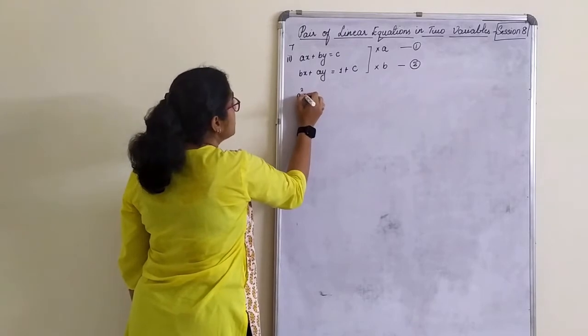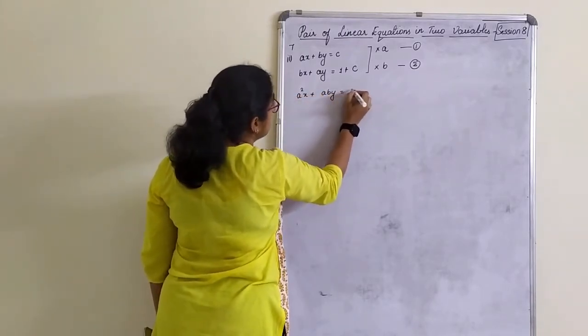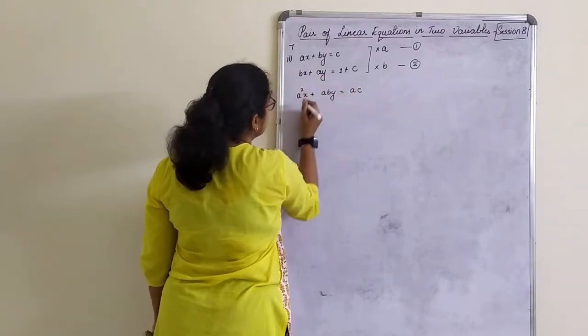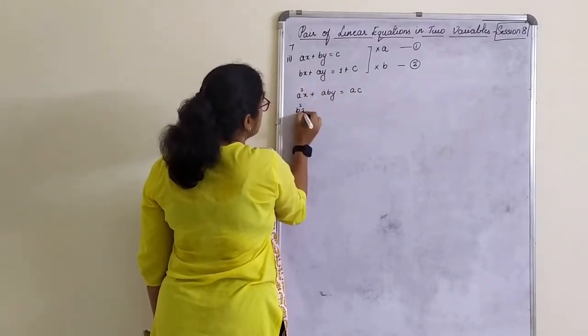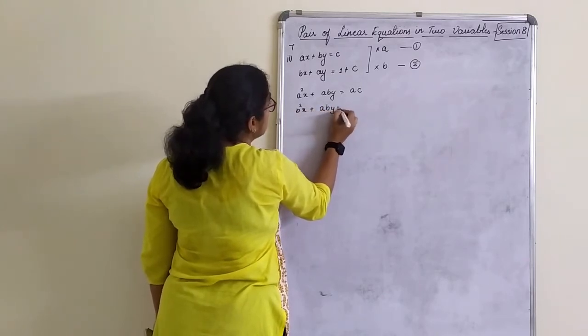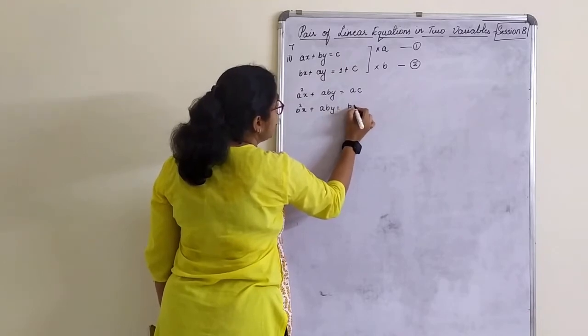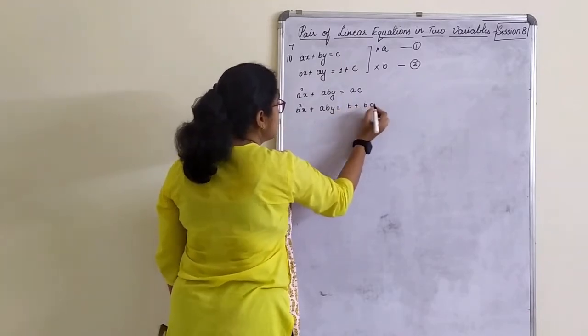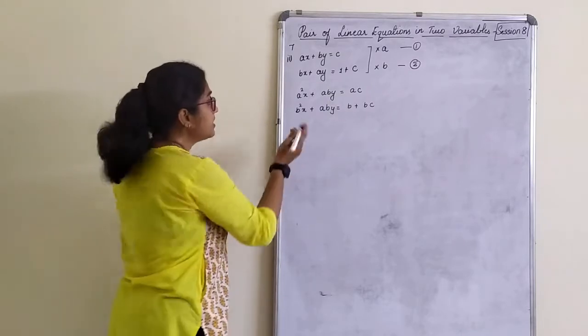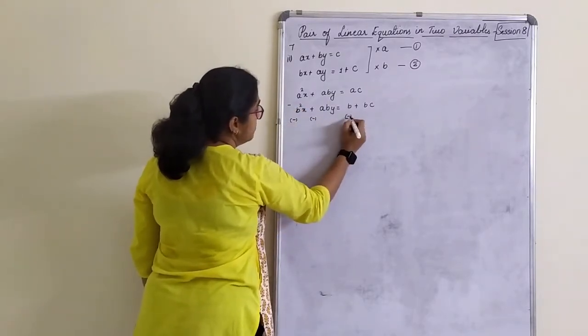So this is a square x plus aby is equal to ac. Here b square x plus aby is equal to binomial by monomial. What do we get? We get b plus bc. Okay, let us subtract it. Minus, minus and minus.